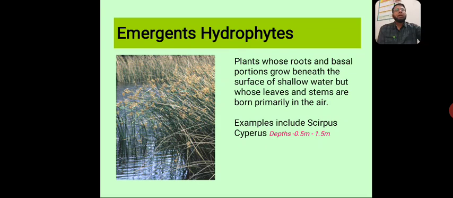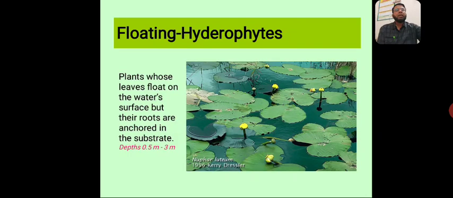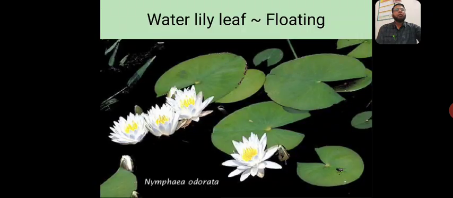That is the amphibious type of category. See here, floating hydrophytes: the leaves float on the surface, and plants whose leaves float on the water surface have their roots anchored in the substrate, or in the mud or the river. So this is the example of floating hydrophytes.